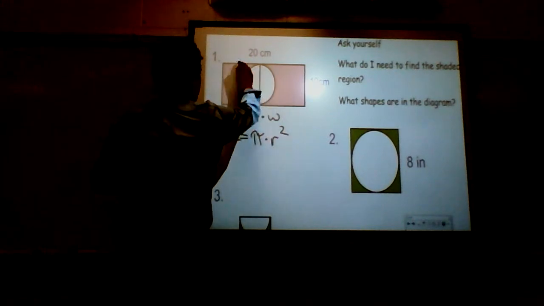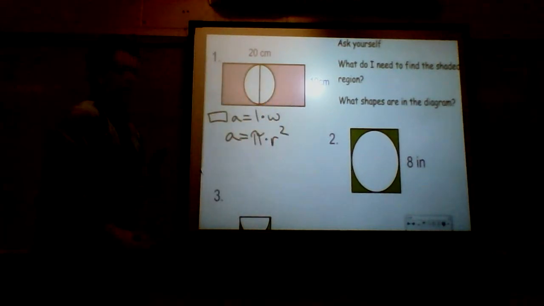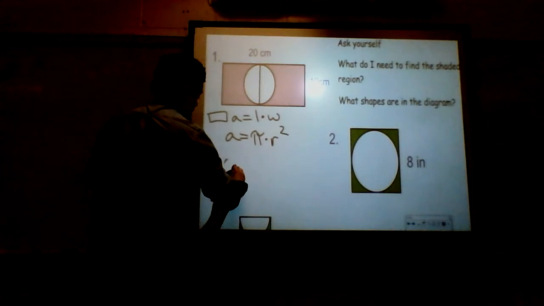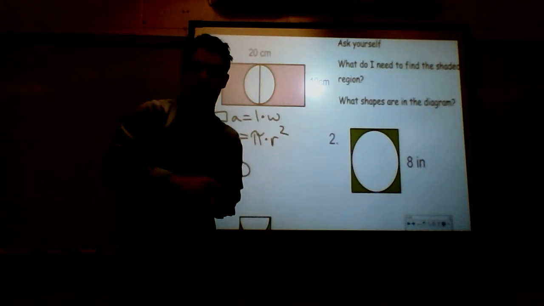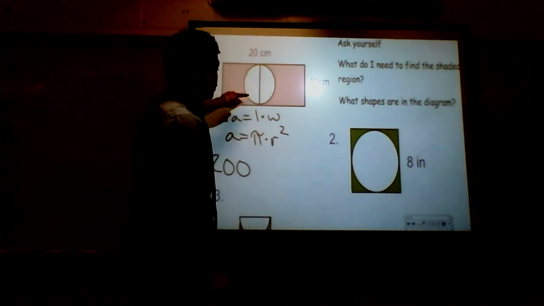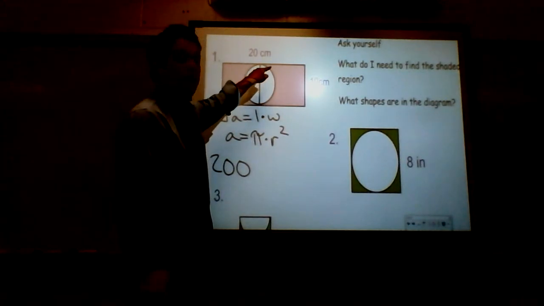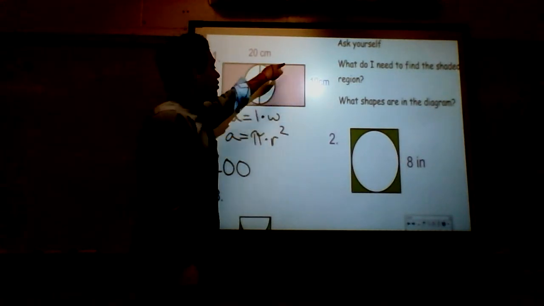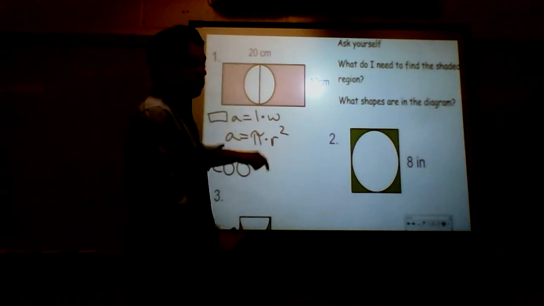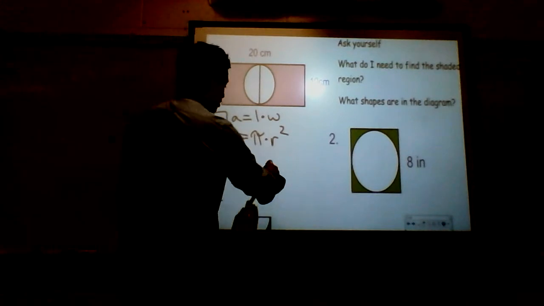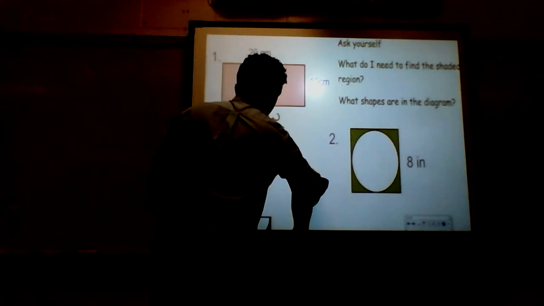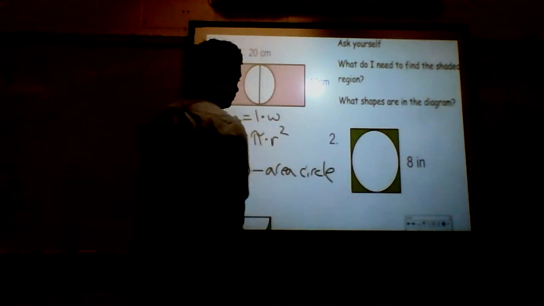So if the entire thing was shaded, the area would be 200. However, the whole thing is not shaded. I have this circular piece that is not shaded. So the entire area is 200, and I have to take away whatever the area of that circle is.